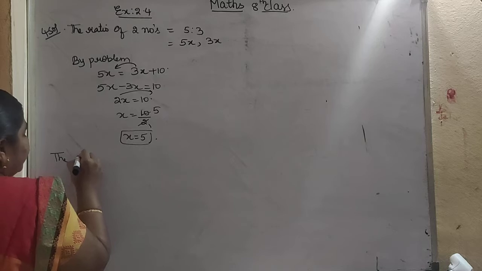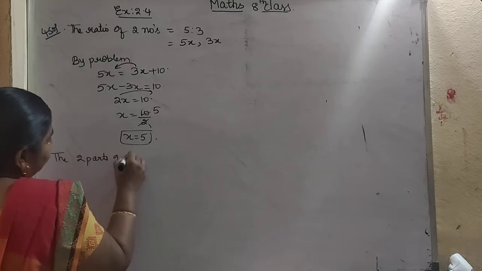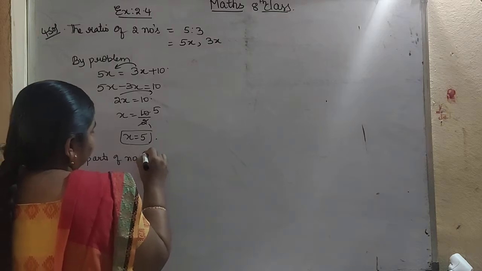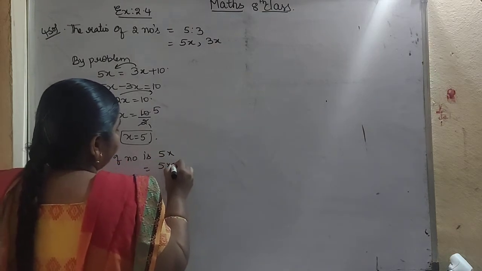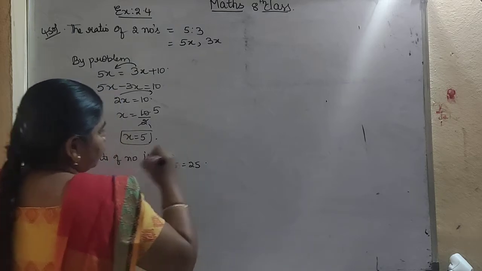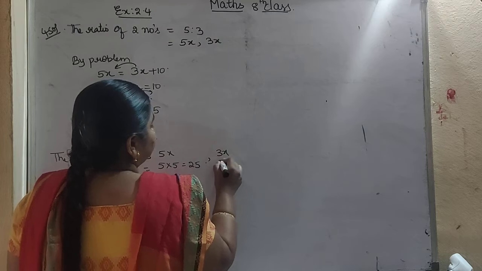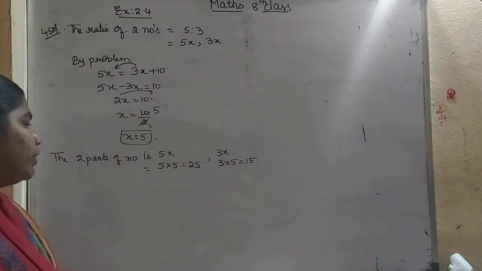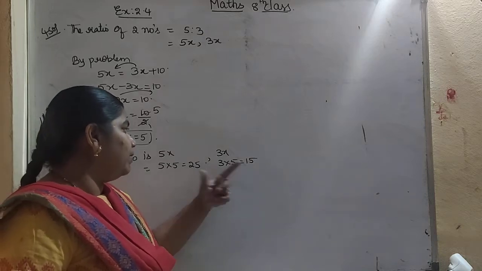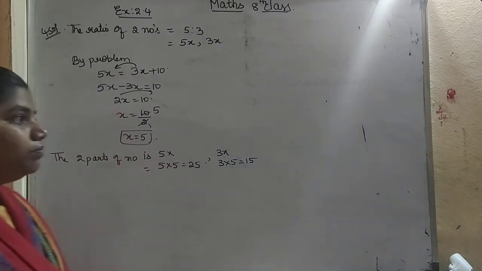So what are the two parts of the number? 5x is 5 into 5, which equals 25. And the second part, 3x, is 3 into 5, which equals 15.